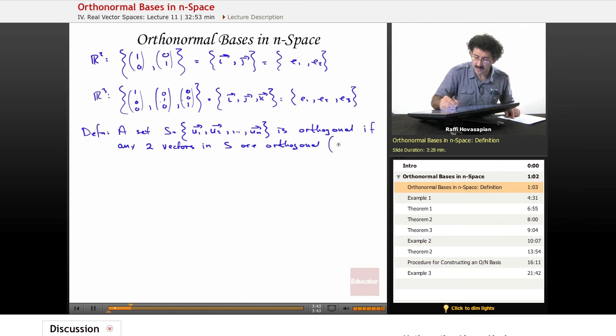And what that means mathematically is that u sub i dot u sub j, so u sub 1 dot u sub 3, is equal to 0. The dot product of those two vectors is equal to 0. That's the definition of orthogonality, perpendicularity, if you will.